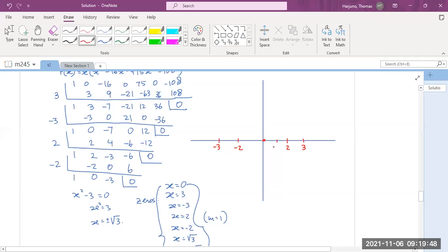So radical 3, 0 and negative radical 3, 0. Those are the x-intercepts. Now, all the zeros have multiplicity of 1, and it is an odd function. So from the bottom left, go up here, here, here, here, here, here.